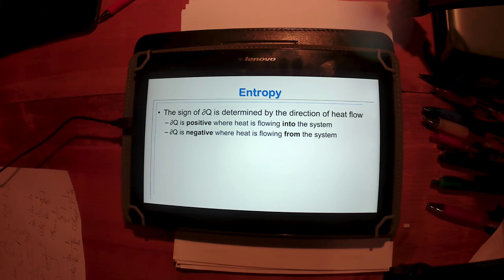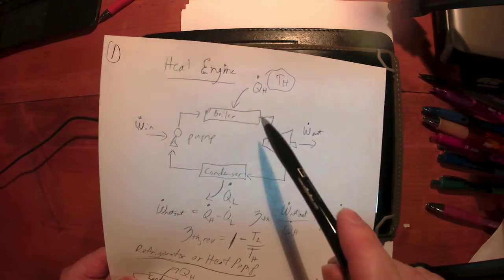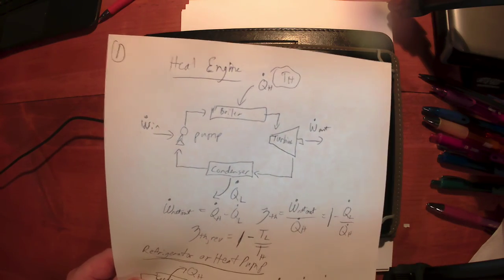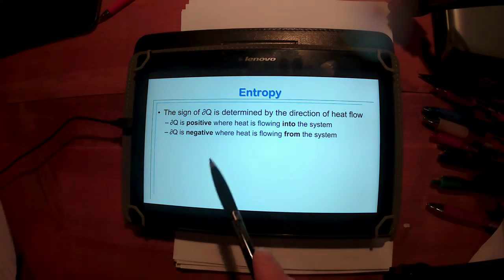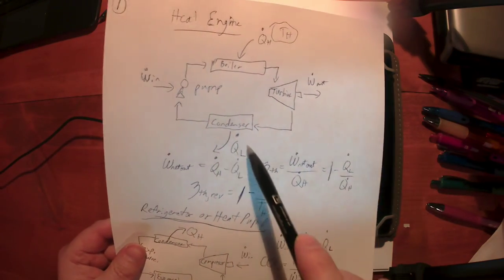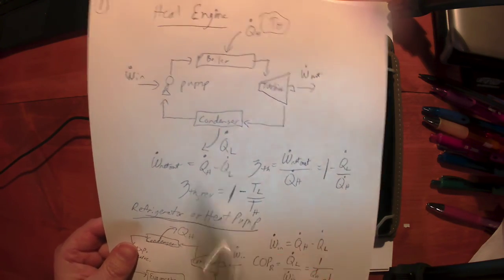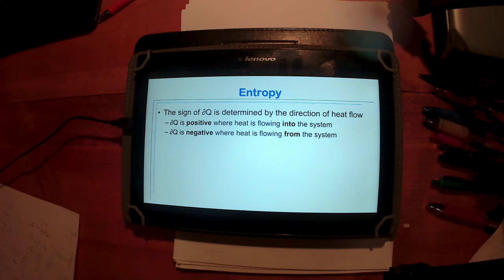So go around your cycle, and everywhere you're adding heat to the cycle, here for example, take that heat divided by the temperature, and that's a positive quantity. And then anywhere you're removing heat from the cycle, that would be here, we're going to subtract this heat divided by the low temperature at which it occurs.